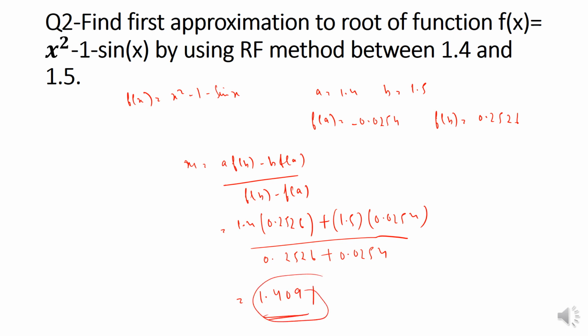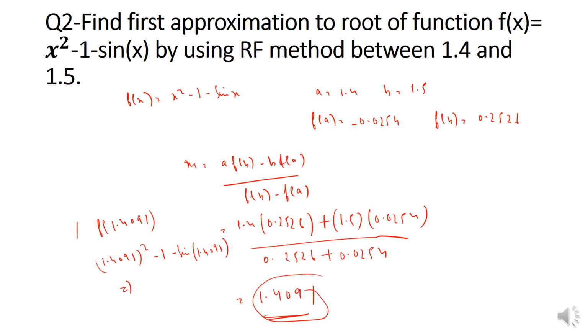Now if we find f of 1.4091, then 1.4091 whole square minus 1 minus sine of 1.4091.